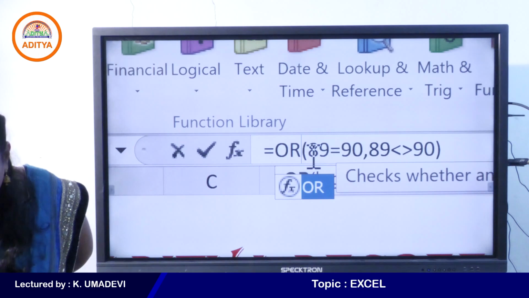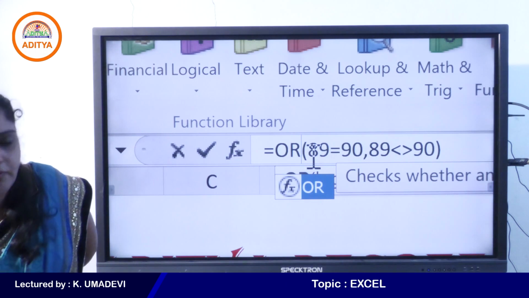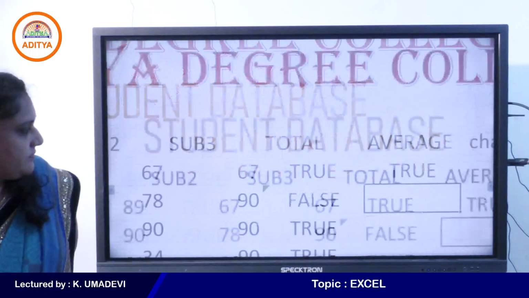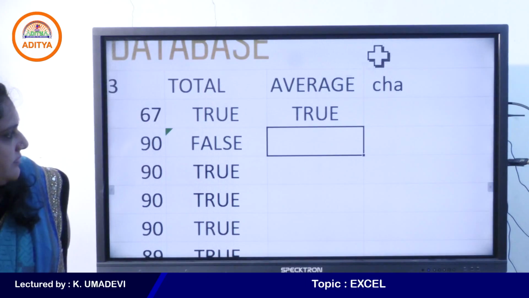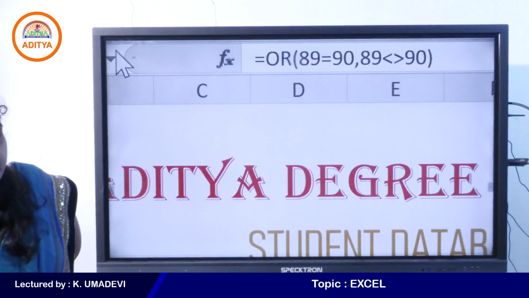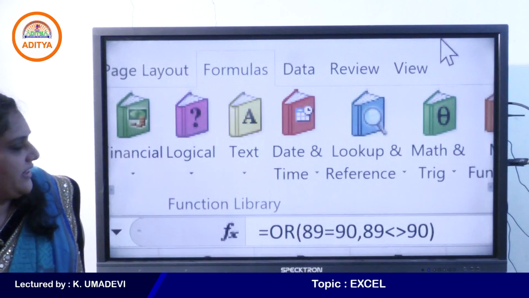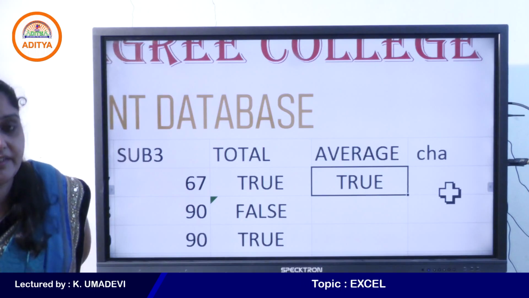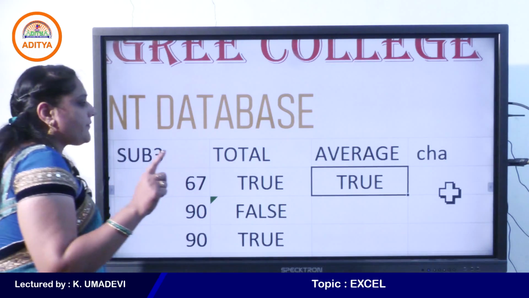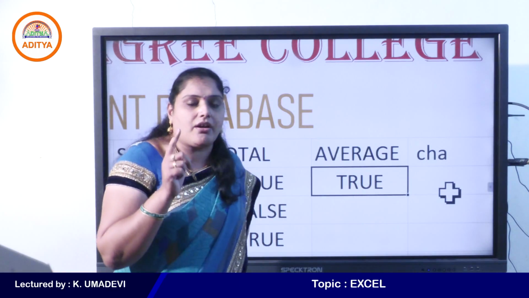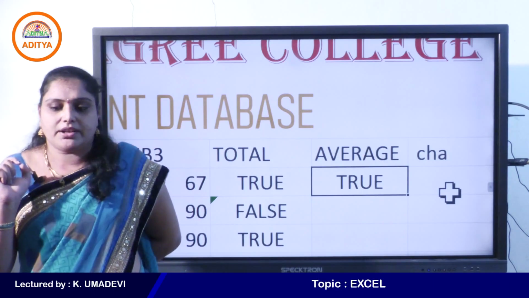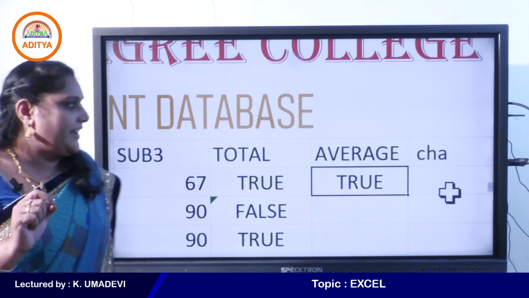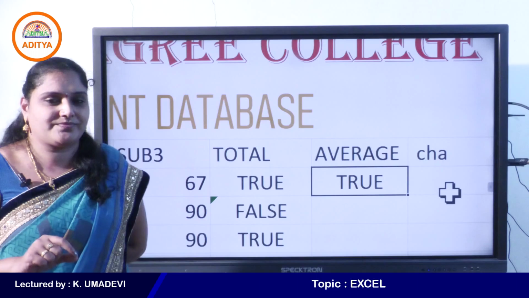Yes, your message is visible, Kusma. So what is the result of this function? It returns true. Why? Because 89 is not equal to 90, so that condition returns true. If any one of the conditions is true, then our function returns true. Clear, students?